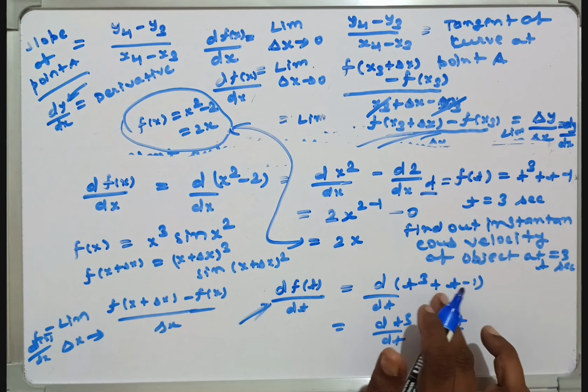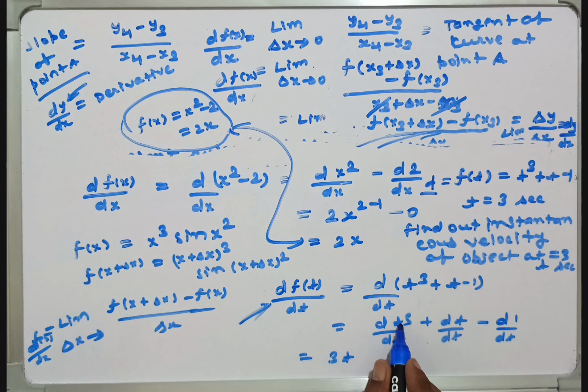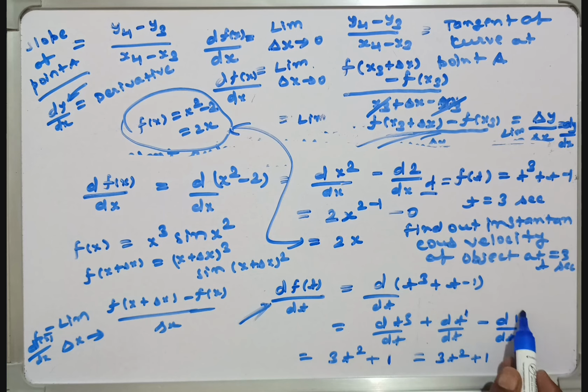Use the power rule here: 3 then t, and when you subtract 3 minus 1, this is 2. Here the power of t is 1, and when you subtract 1 minus 1, this is 0. So our final answer is 3t square plus 1, and this is a constant, so this value is minus 0.